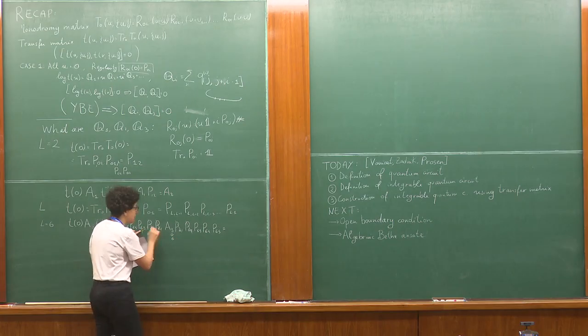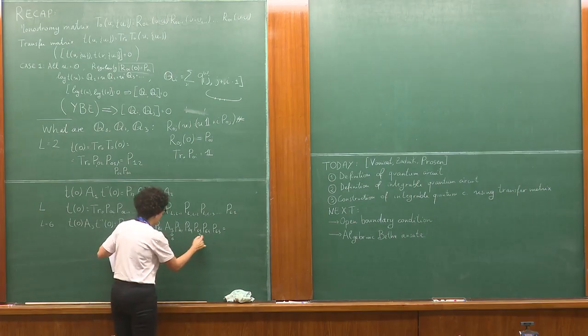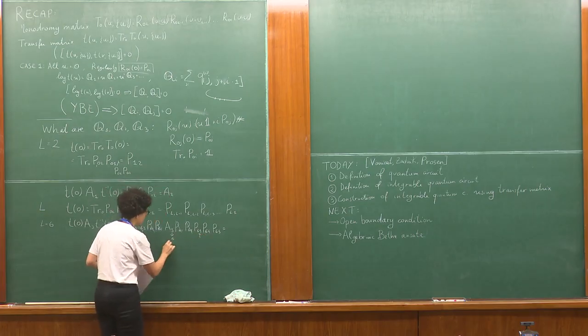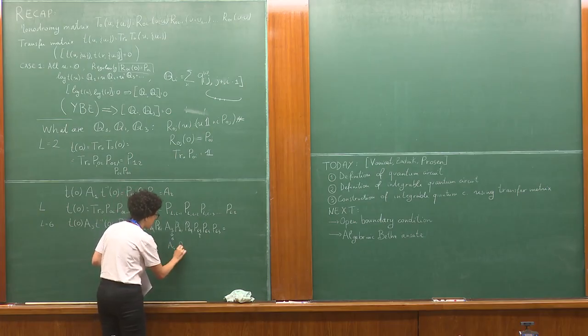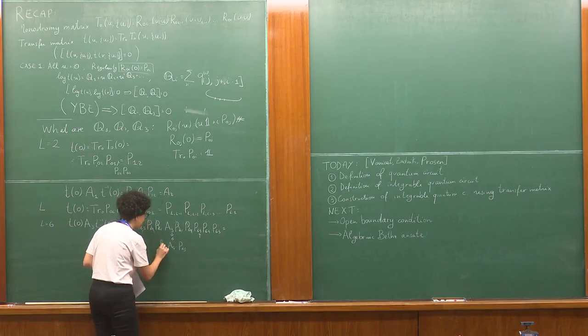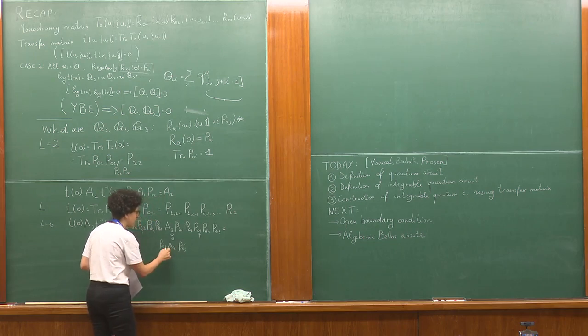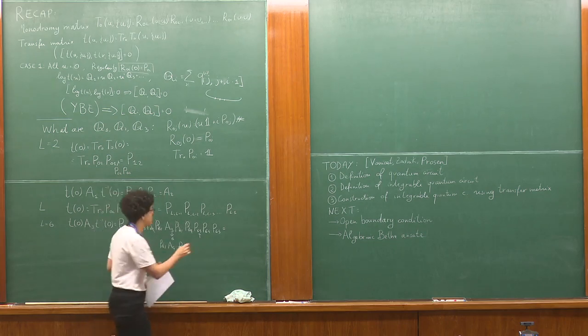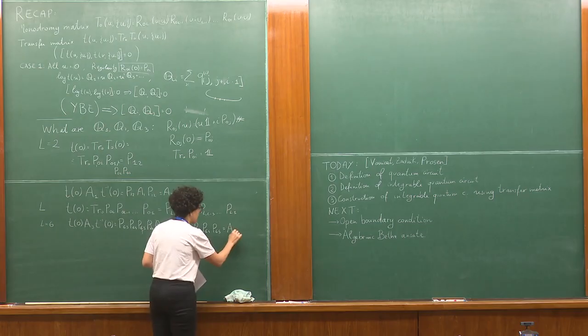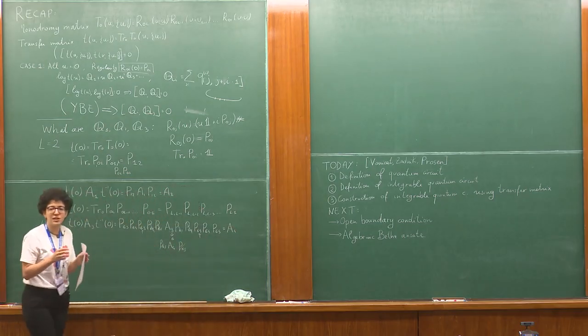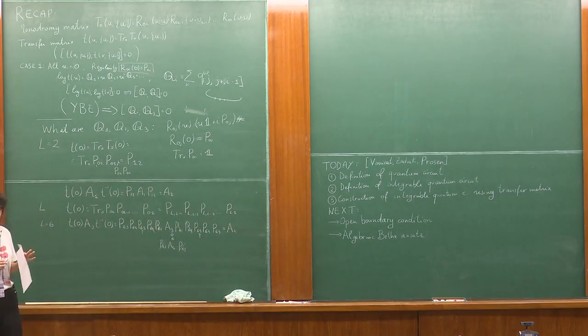So we removed this, and then P64 with A6 gives A4. So this is now A4. And we are only left with P65, P65, but this squares to 1 because A4 does not overlap. So this is A4. So T at 0 is just the shift operator, which is a conserved quantity.